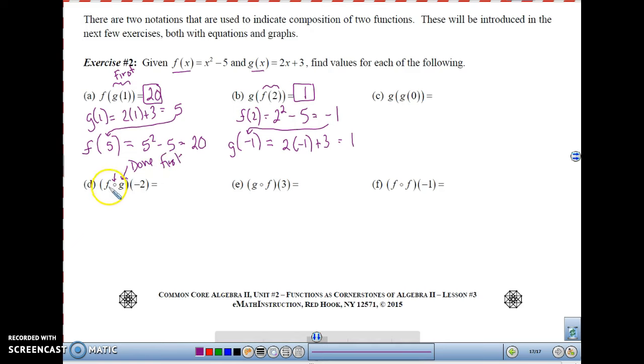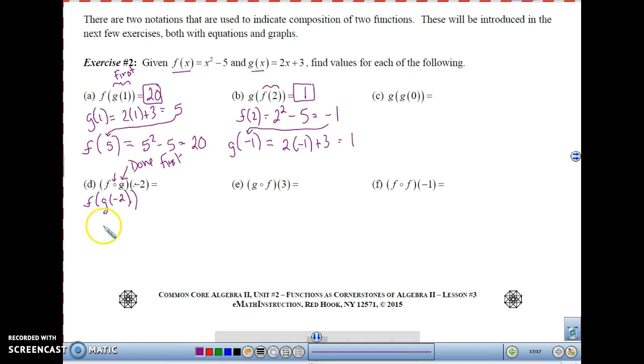So when you see f circle g of negative 2, this is the same as f of g of negative 2 in parentheses. You do the second one first, and then do the other one. I didn't invent this notation, but this is how it's done. You do this one first, and then take that answer and plug it in this one. So these two right here are equivalent.